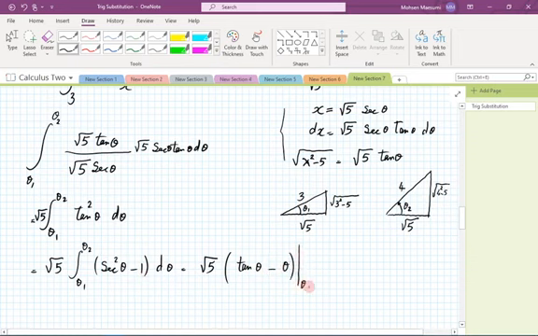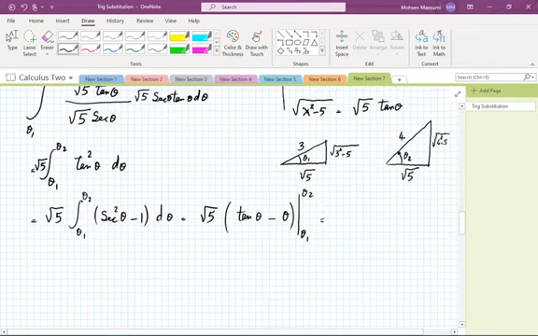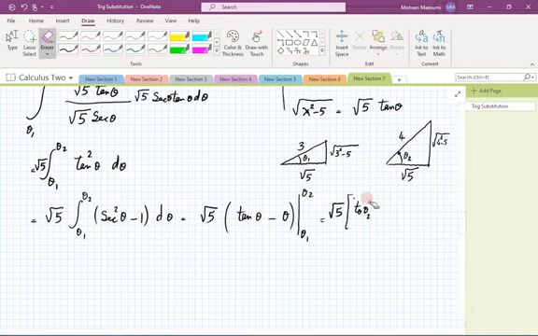Now we have theta 1 and theta 2. So let's go ahead. Radical 5 times, I have two pieces. One is tangent of theta 2 minus tangent of theta 1. Then minus theta 2 minus theta 1.